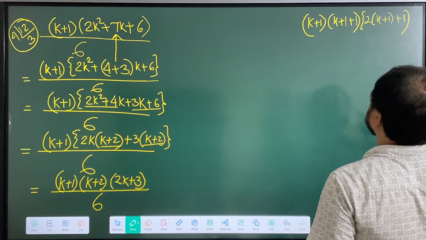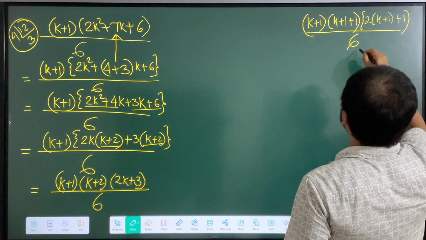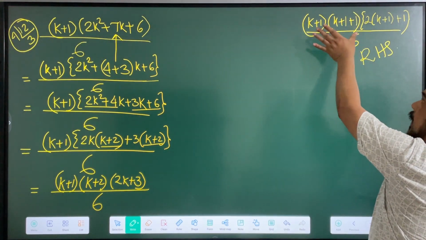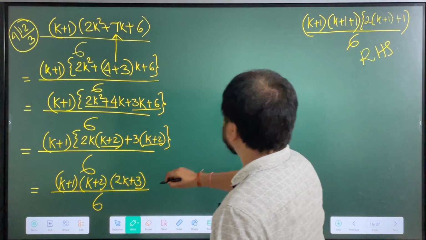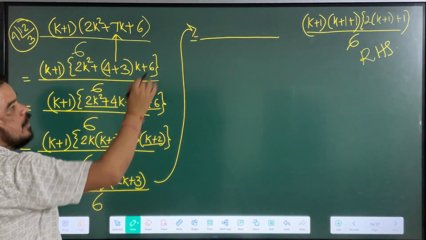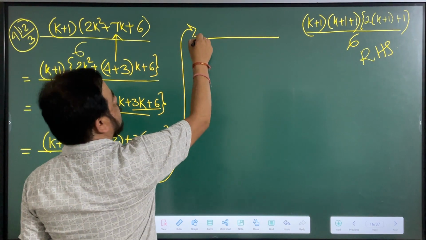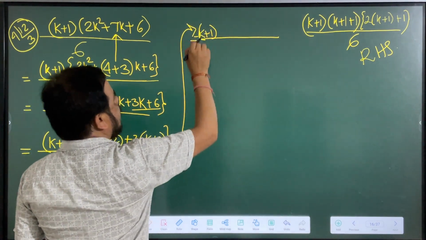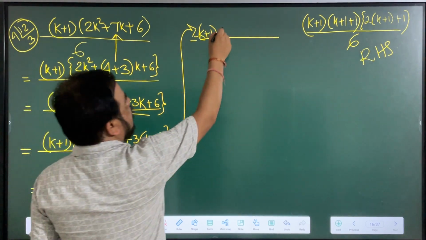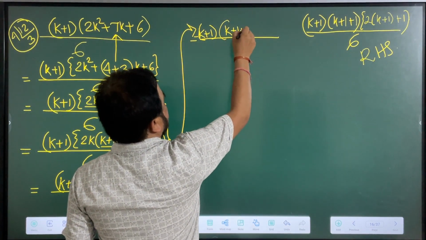Yes, this is what there is on the right hand side. Our aim is to get this term, exactly this term, as it is. So let us see what we get. First k plus 1, in right hand side also there is k plus 1. So I have written. Next k plus 1 plus 1, so this one we can write as k plus 1 plus 1.